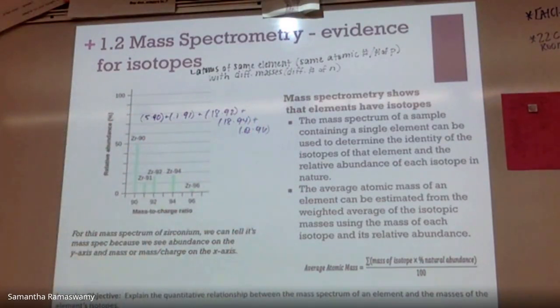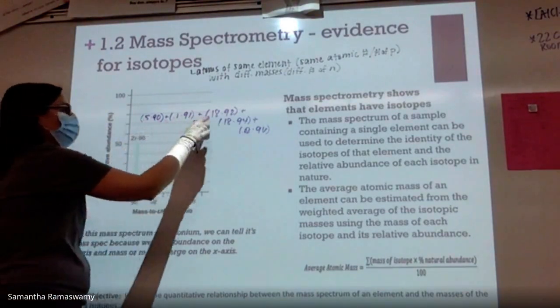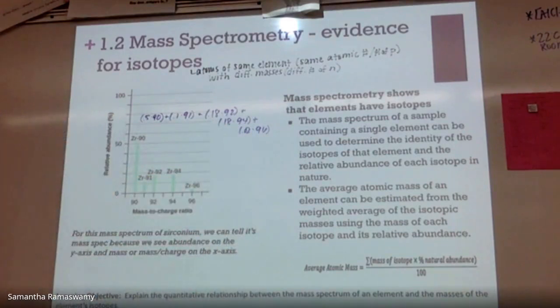Now, if you had to calculate average atomic mass, they would actually give you the exact abundances, because all of these numbers should add up to equal 1, and I don't think mine added up to equal 1.